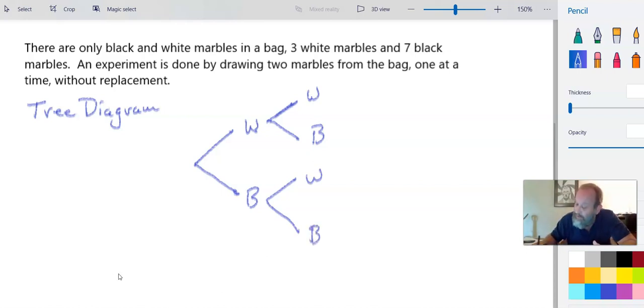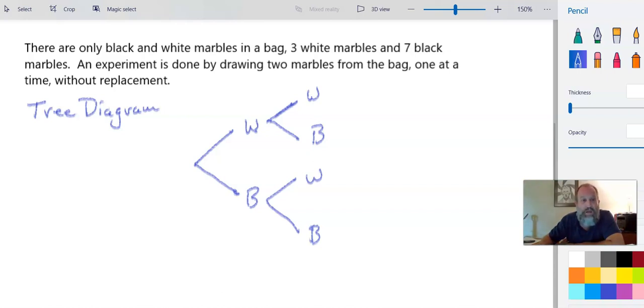Now here's how this ends up getting used. For the first choice between a white and a black marble, we can work out the probabilities of each thing happening. We're not paying any attention to the second choice right now; we're only looking at the first choice between white and black.